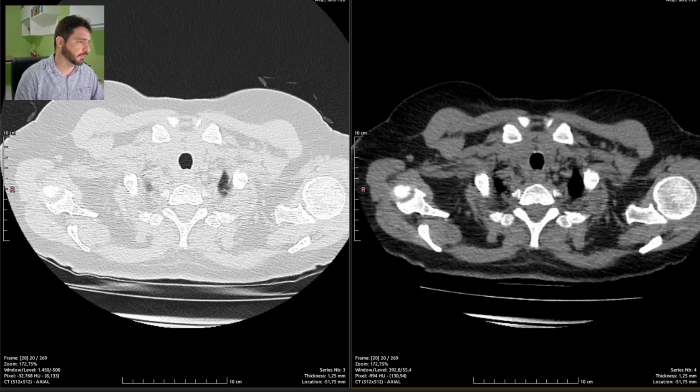So for those who have stayed, I'm going to speak of the thyroid now. It's enlarged and heterogeneous, so these are signs of chronic thyroid gland disease.